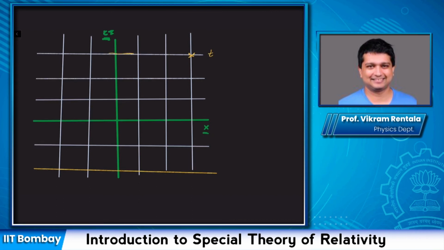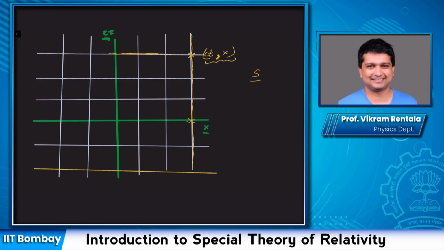That would be this line. And similarly, we have to locate its x coordinate. We would identify the corresponding grid line over here, and this would tell us its x coordinate. Okay, so using some kind of virtual grid of this kind, we can figure out the coordinates of any space-time point according to the original observers in frame S.